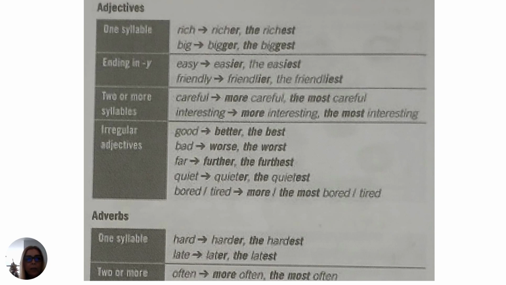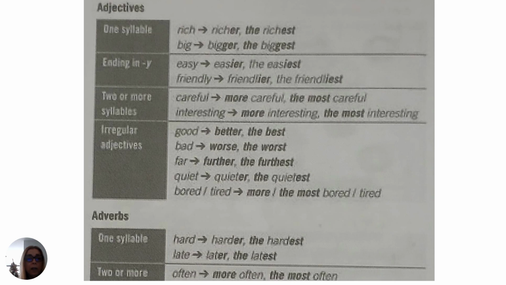When the adjective ends with y, like easy, the comparative degree is easier, and the superlative degree is the easiest. Friendly, the comparative is friendlier, and the superlative is friendliest.